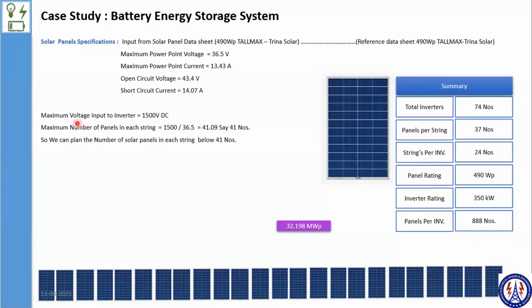Then, how can I calculate the maximum number of panels in each string with respect to VMPP, the maximum power point voltage? 1500 volt DC divided by 36.5 is 41.09, say 41. So we can plan the number of solar panels in each string up to 41. 41 is your threshold limit. Don't go beyond that. Every string would have a maximum of 41 panels, not more than that, otherwise it will exceed your limit.